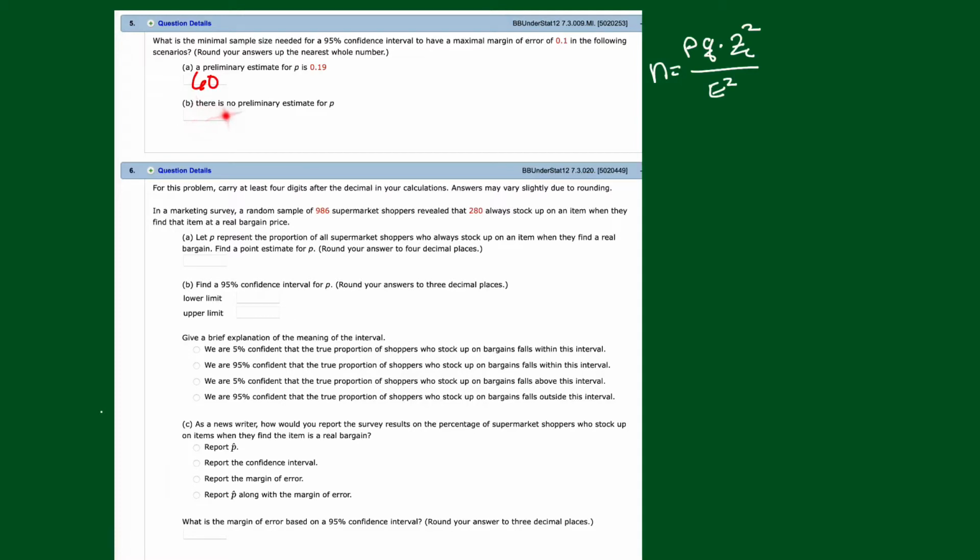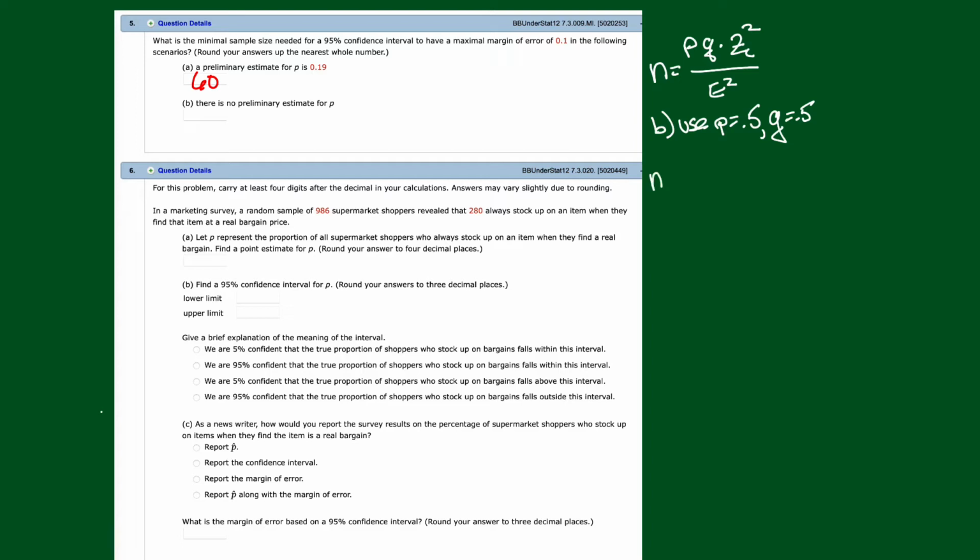So part B tells us there is no preliminary estimate for P. So in part B, we will have to use P being 0.5, Q being 0.5, 1/2 and 1/2. Right, now let's put into our formula.